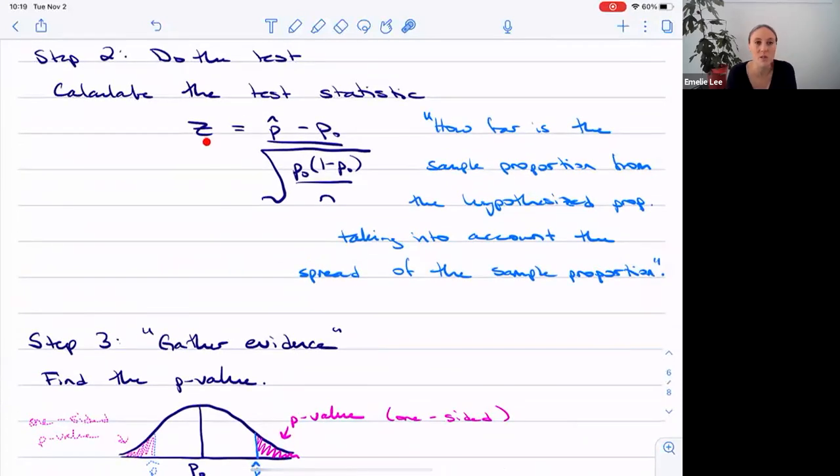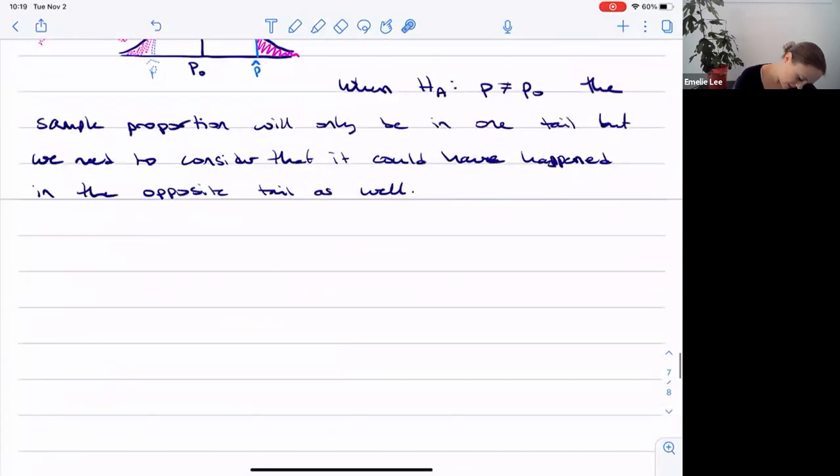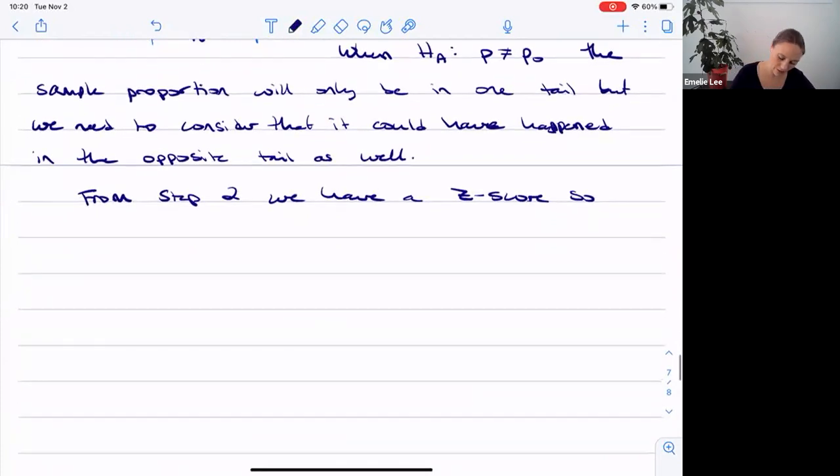Well, I use my z-score to find the area in one of the tails. From step 2, we have a z-score. So we can use software, but in this case, I'm going to assume that we're still using the tables. It's old school, but whatever.